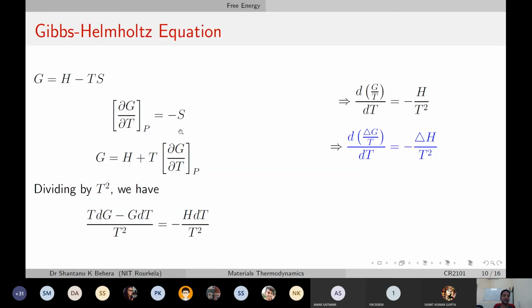It's not just a simple mathematical formulation. What is del G by del T? Del G by del T is a slope in a G versus T diagram. If you're plotting for a system, free energy here and temperature on the x-axis, then if there's a curve like this, some kind of curve, this del G by del T is actually representative of entropy, or negative of entropy. This gives you several clues about how and where the system is headed.